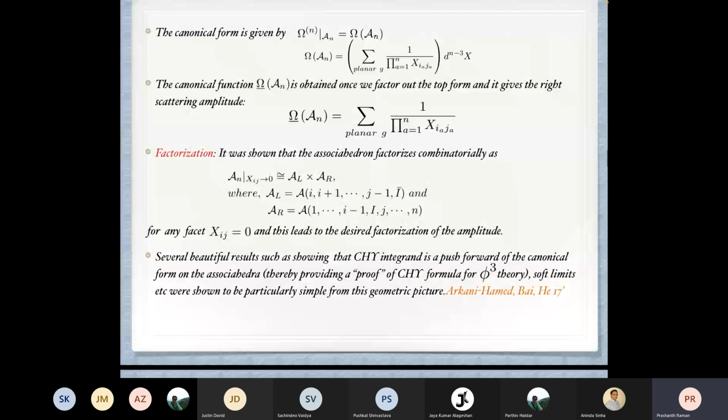By that I mean, if I go to any face at x_ij, where ij is some diagonal of the n-gon, then locally the thing looks like a product of a left associahedron and a right associahedron, where the left and right correspond to the polygons into which the diagonal ij divides the original n+3-gon. Since we know that canonical forms pushed forward on a product are just products of the individual forms, this directly leads to the factorization of the amplitude.